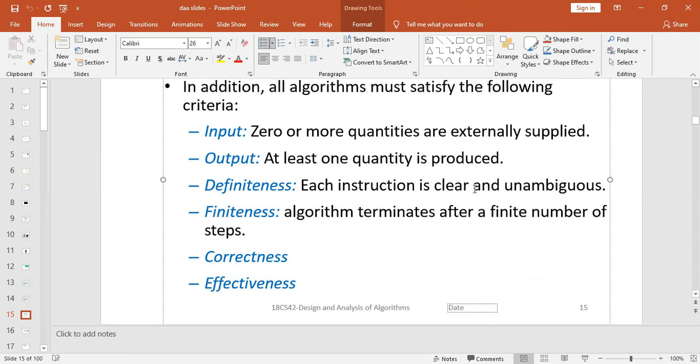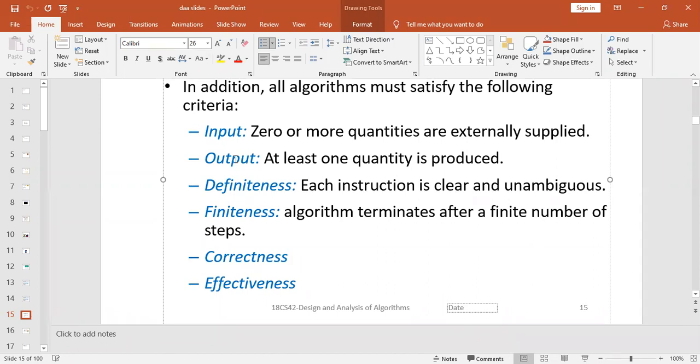Come to the words I am telling you: these two are related to input and these two are related to output. So you will have input and finally you will get output. Two conditions for input and two conditions for output. First, what input are you going to give? Input is 0 or more quantities.